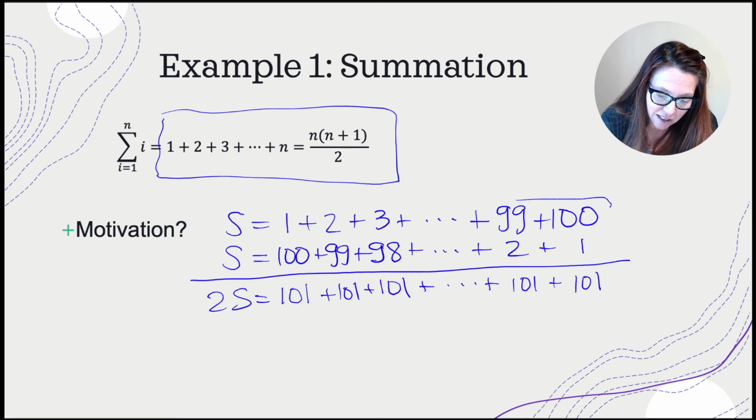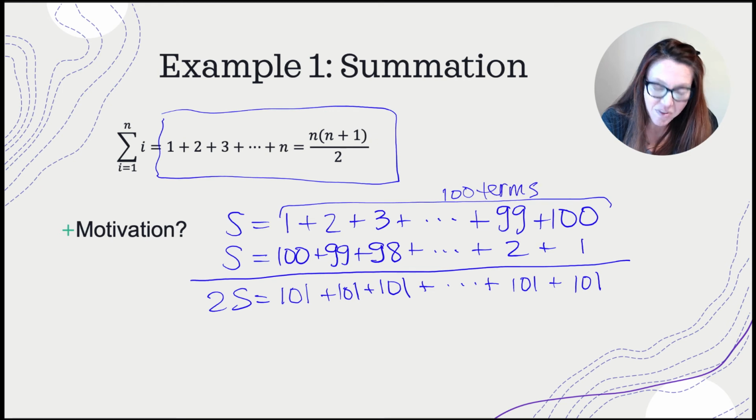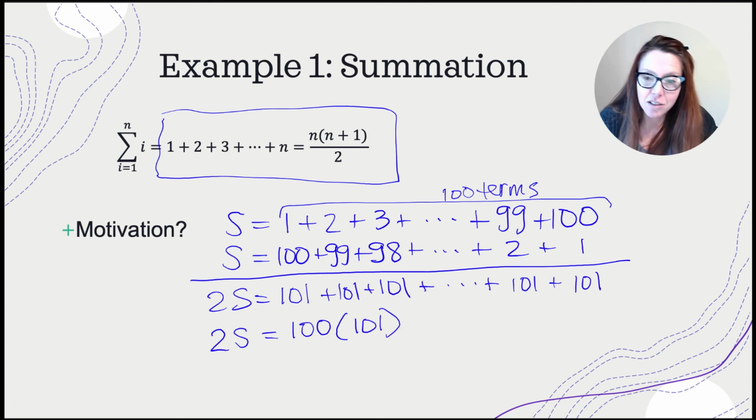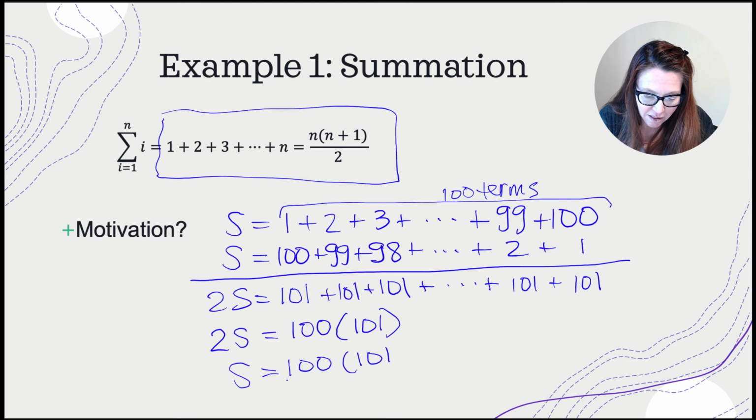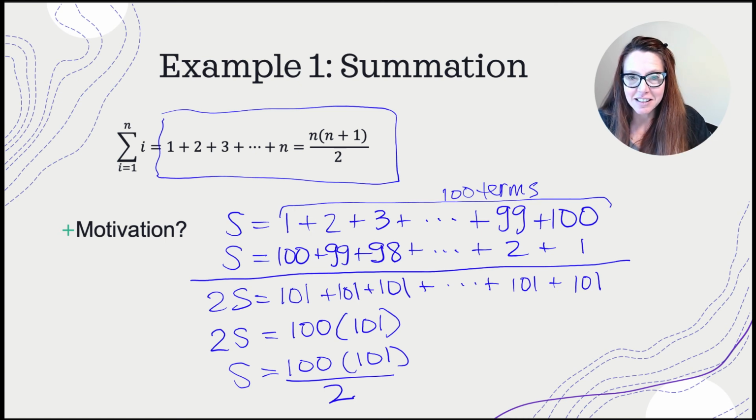And because you can see there were 100 terms, that means that twice the sum is equal to 100 times 101. Each of those 100 terms added up to 101. And so the sum was 100 times 101 divided by 2. And you can see how that fits in. This is n, in this case, is 100, and we're getting 100 times 101 divided by 2.